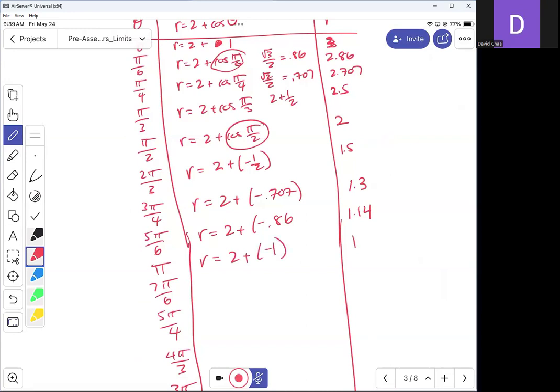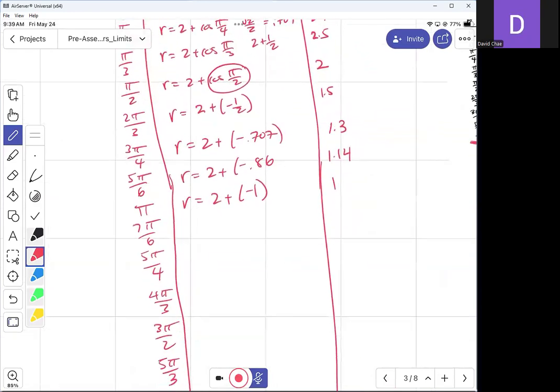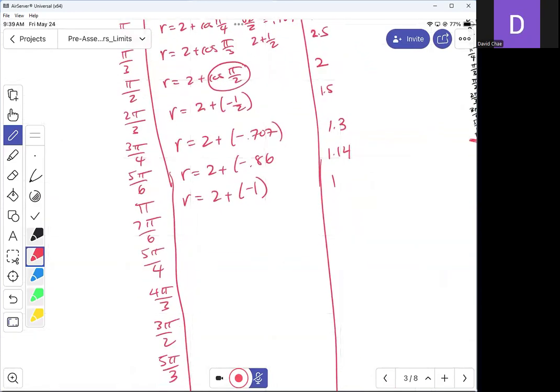So that's 1. Right? And then we're now back to this cycle here because this and this are both the same cosine value. So r is equal to 2 plus negative 0.86, so that'll be 1.14. r is equal to 2 plus negative 0.707, which is about 1.29, so we'll keep it 1.3.